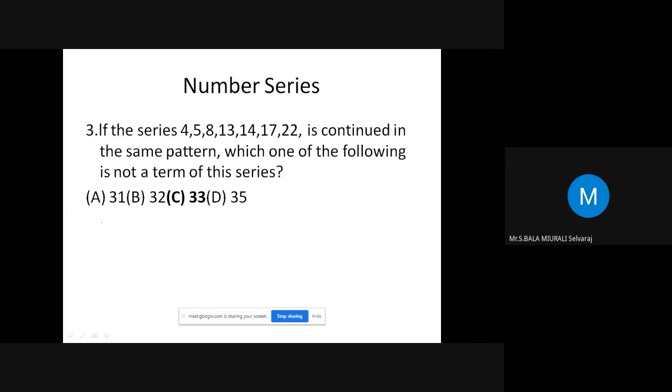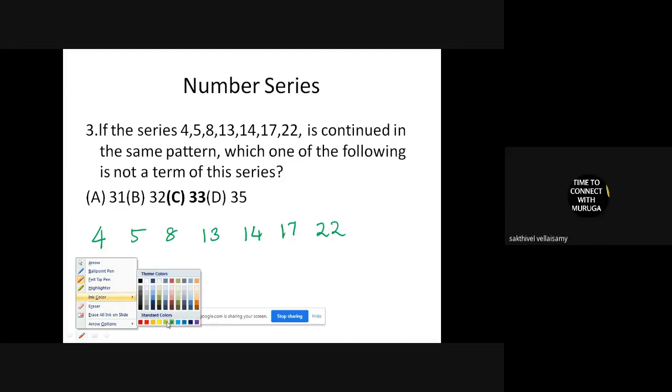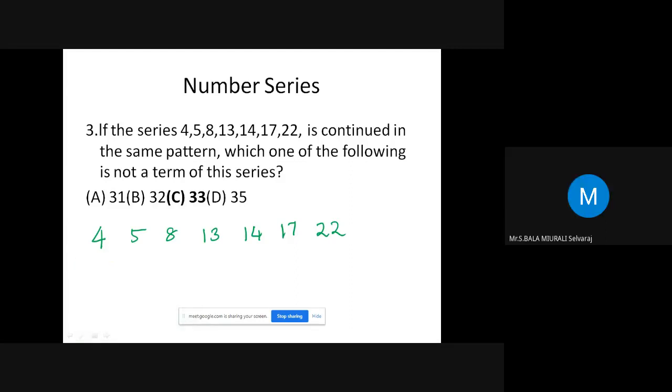This is again a type of number series where they followed an odd number series. Now check out the pattern. Answer C, 33. You try to check out the pattern now.